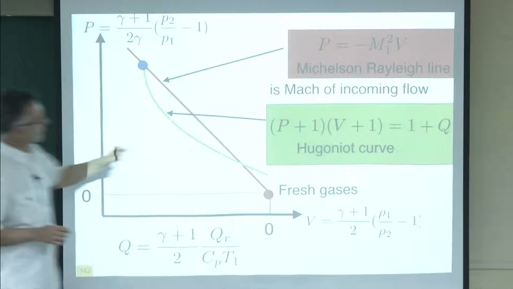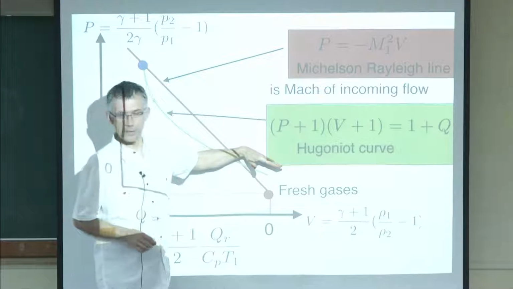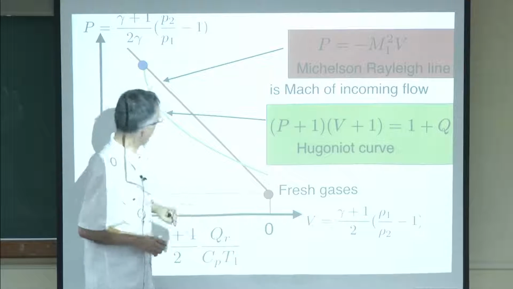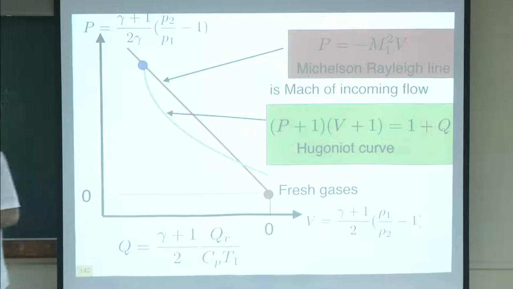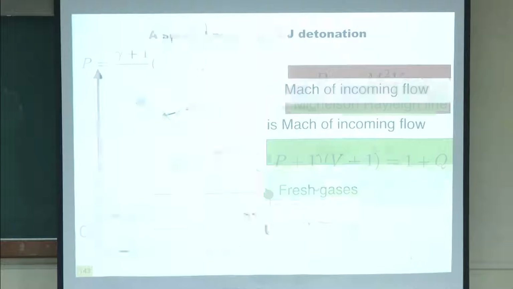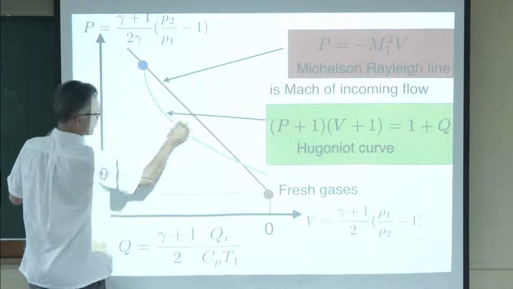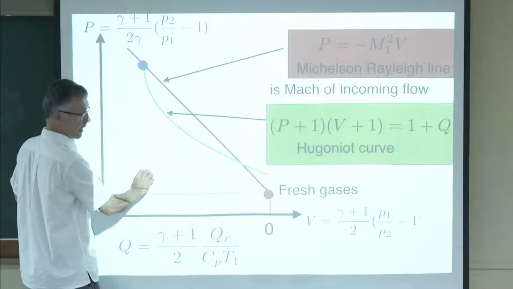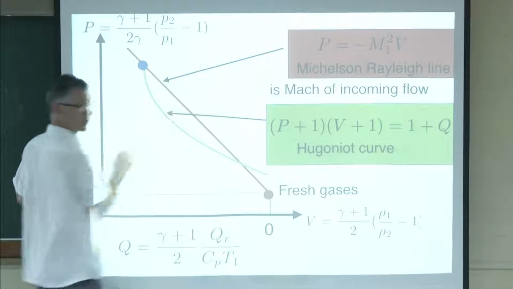So if the Hugoniot curve has a 1 plus Q, it means going up a little bit here, just a little bit. And it means that apparently we have two solutions. Depending on the Mach number, this line will go up or down. For a very low Mach number, you are here, and when the Mach number goes up, you are here, and then you start having a solution, and then you have two solutions.